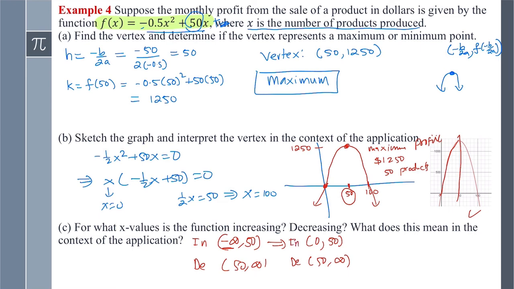In the context, this means the profit increases if the number of items we produce is between 0 and 50. If you increase the number of products from 0 to 50, the profit is going to increase and it will reach the maximum at 50. If you produce and sell more than 50 items, the profit is going to go down. If you produce 100 items, the profit is going to be 0. That's the break-even point, and after that, it's going to be negative.